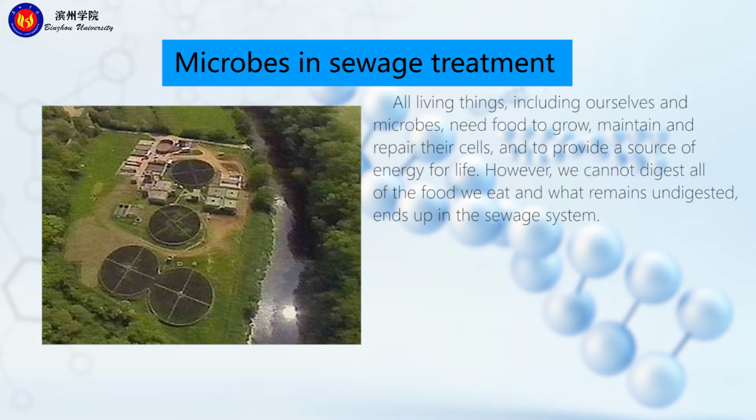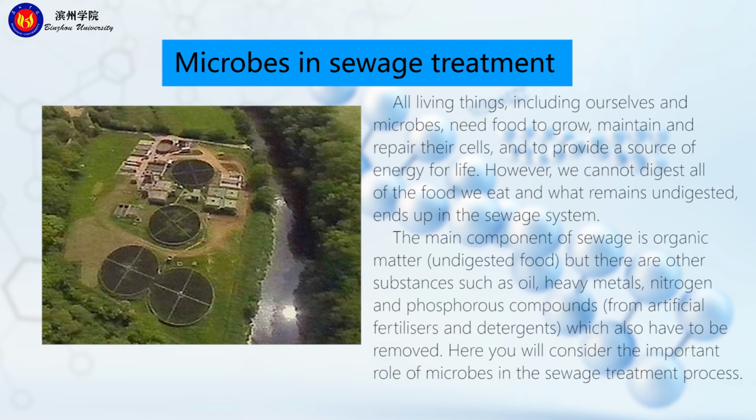All living things, including ourselves and microbes, need food to grow, maintain, and repair their cells, and to provide a source of energy for life. However, we cannot digest all of the food we eat, and what remains undigested ends up in the sewage system.